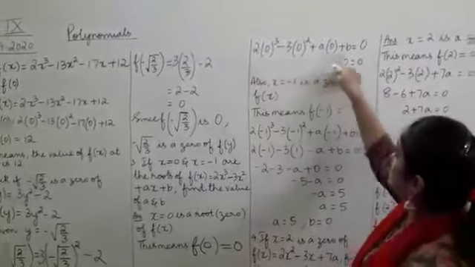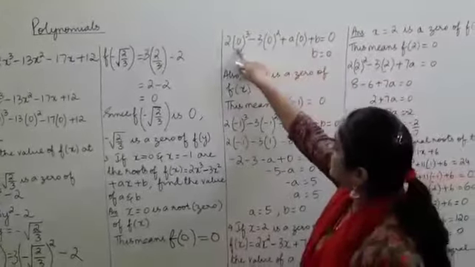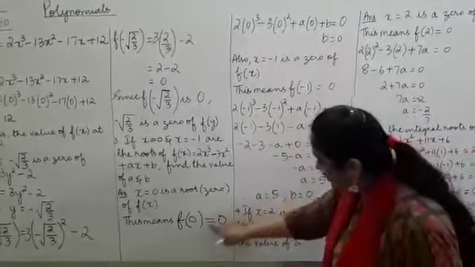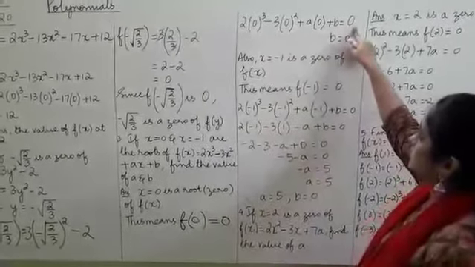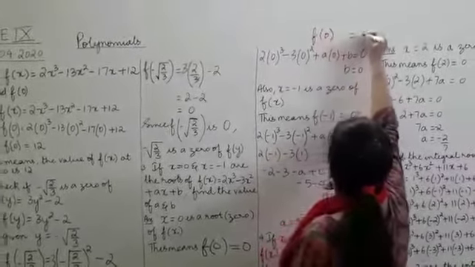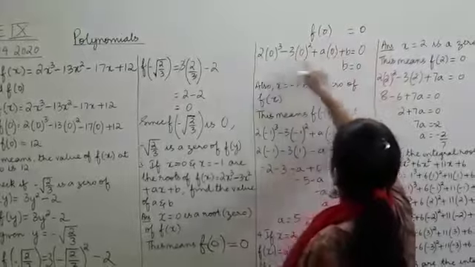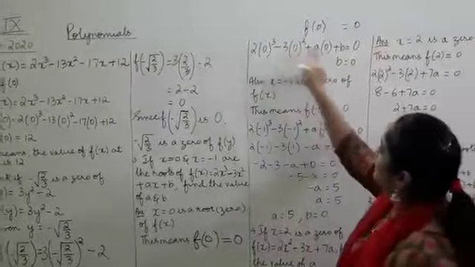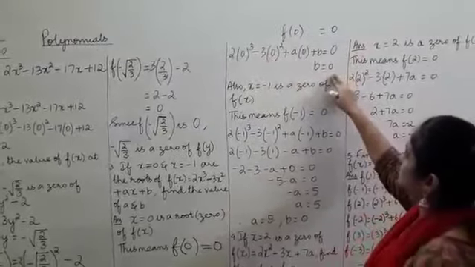F of 0 means in the polynomial, wherever there is x, use 0. Come back here, equals 0. F of 0 is equal to 0 is the condition. Now, simplify this, we get b equal to 0.